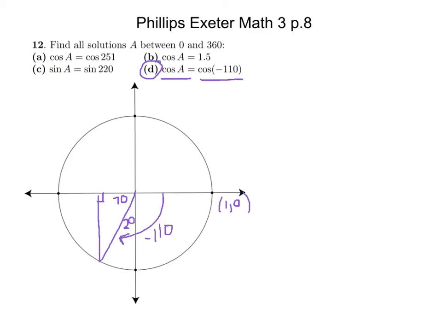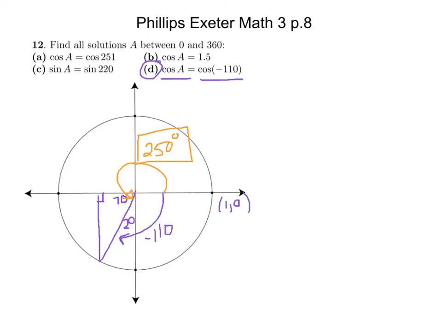So now, going back in the counterclockwise direction, the way we usually go, I'll use orange for that, we need to figure out what this angle here is. And that angle there would be 180 plus 70, which would be 250 degrees. So that's one of them.